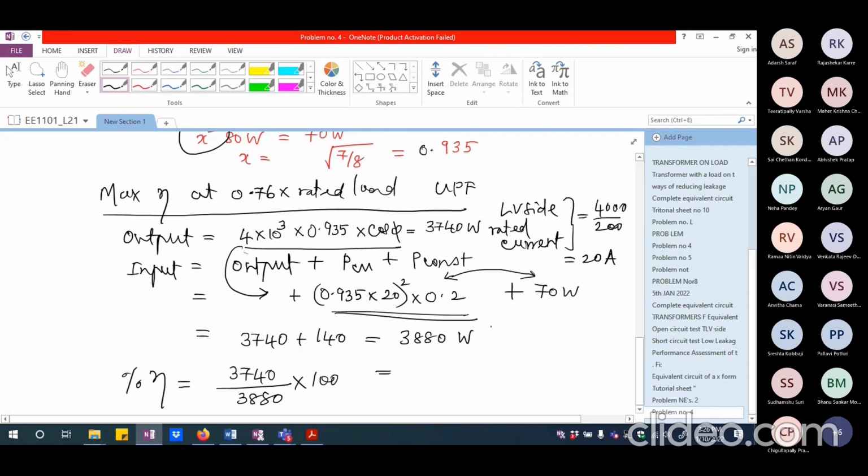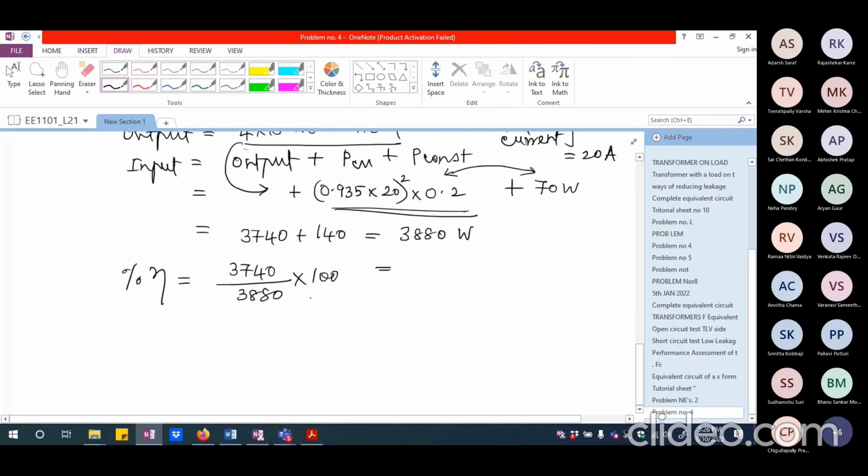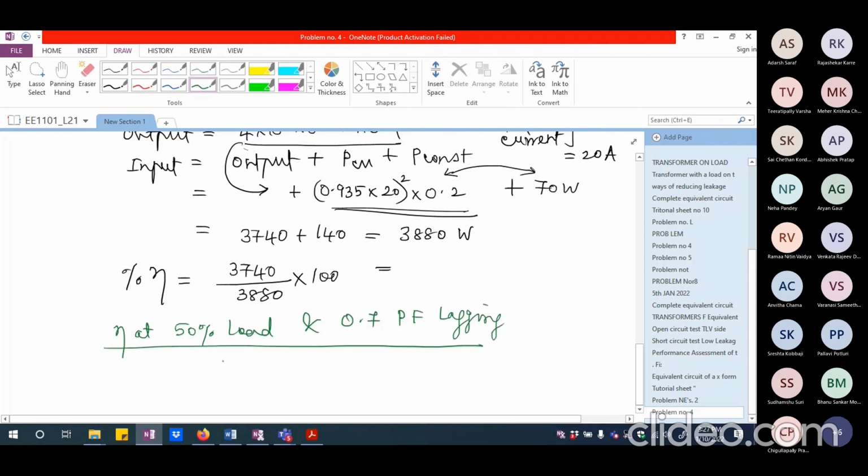Let's try one more thing. Let's calculate the efficiency at 50% rated load. Let me do one more calculation, and with that we'll conclude this class. We can continue with the rest of the problems in the next class. You can also try: efficiency at 50% load and 0.7 lagging power factor.